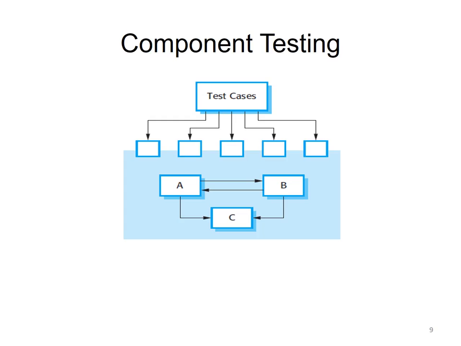This type of interface is often used in embedded systems where sensors create data that is retrieved and processed by other system components. Number 3. Procedural interfaces. These are interfaces in which one component encapsulates a set of procedures that can be called by another component. Objects and reusable components have this form of interface. Number 4. Message passing interfaces.